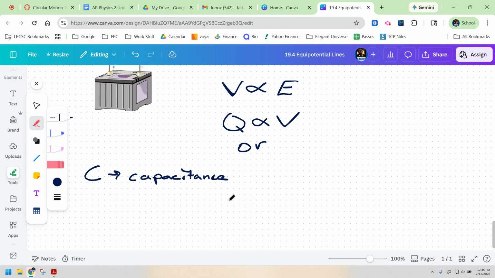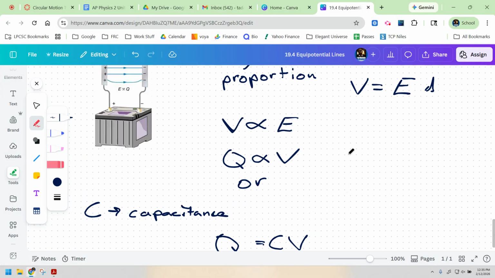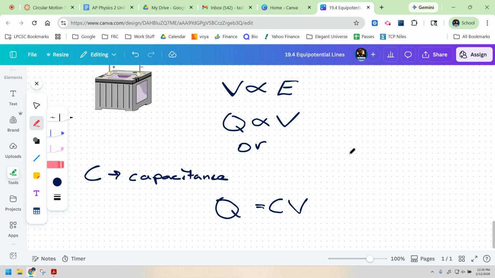And we quantify that by saying that the charge is equal to the capacitance times the voltage. And that's just kind of working our way through there. Okay. Now, this equation shows the two major factors affecting the amount of charge that's stored, right? So voltage and charge are connected to capacitance.